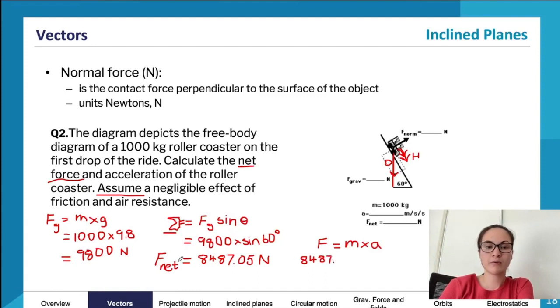8,487.05. Once again, sorry, I rounded this. A lot of these are just rounded. 0.05 newtons is equal to 1,000 times acceleration. We divide both sides by 1,000.